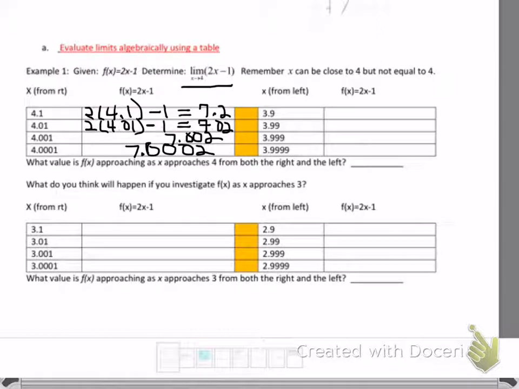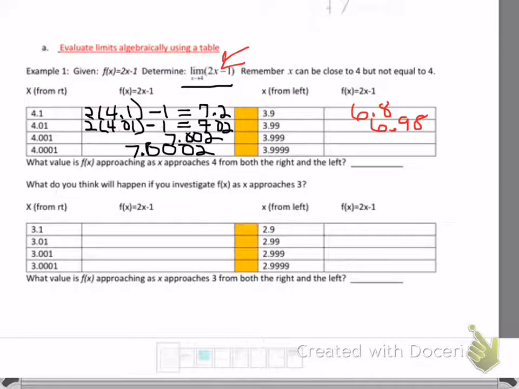Now let's do the same thing from the left-hand side when I'm approaching with lower numbers. And I think I reversed my colors, but you get the sense of it. So if I plug 3.9 into this function, I'm going to end up getting a 6.8. If I plug 3.99, so a little bit closer to 4, into that function, I'm going to end up getting a 6.98.